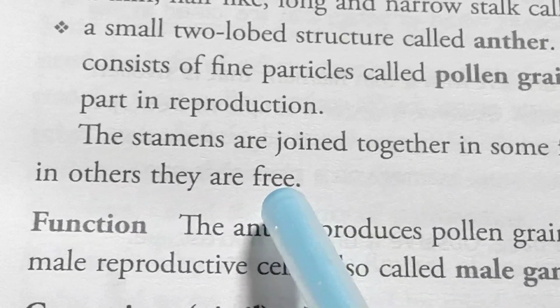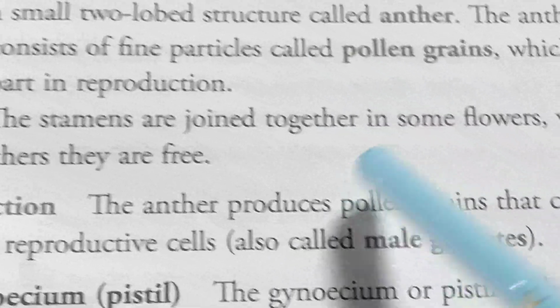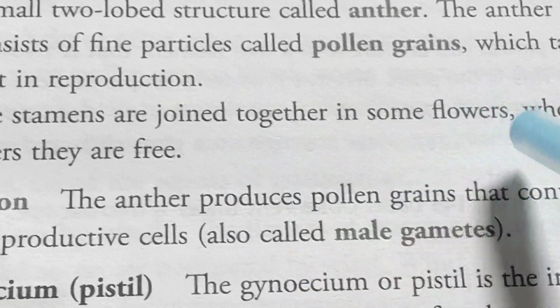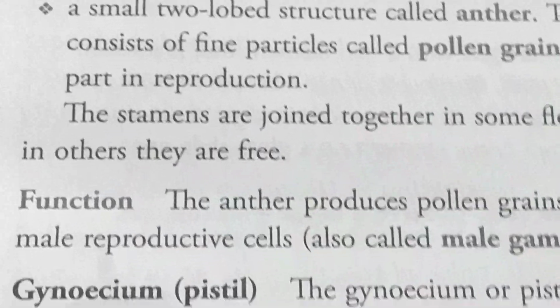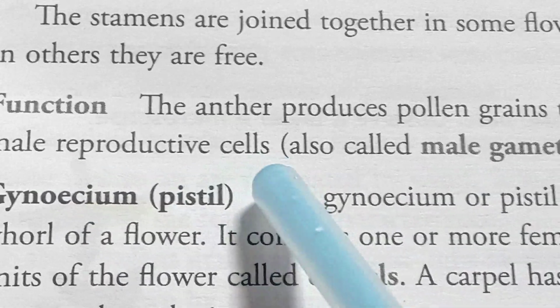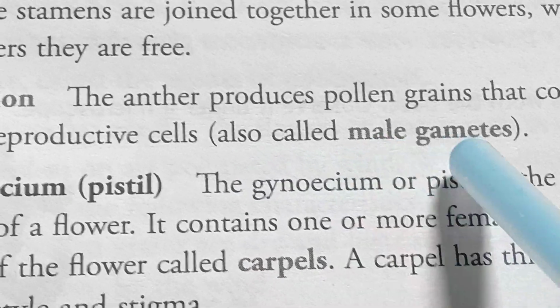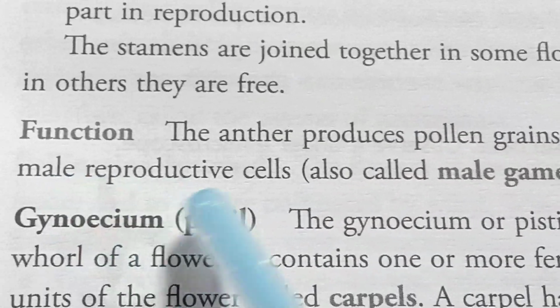So in some flowers the stamens are found joined with one another, whereas in others the stamens are free. Function: the anther produces pollen grains that contain the male reproductive cell, also called male gametes. So the anther produces pollen grains and they contain the male reproductive cell.